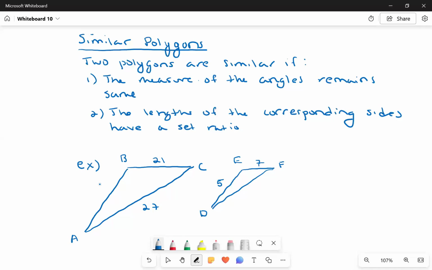All right. And let's say we're told triangle ABC is similar to triangle DEF. Okay. Now, there is a notation we can use for that. Let me just write that notation down.